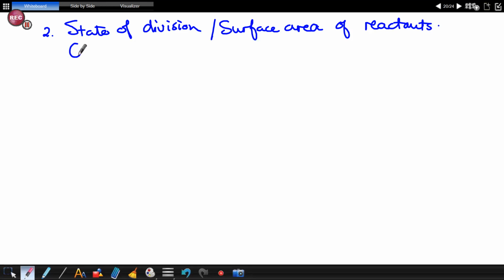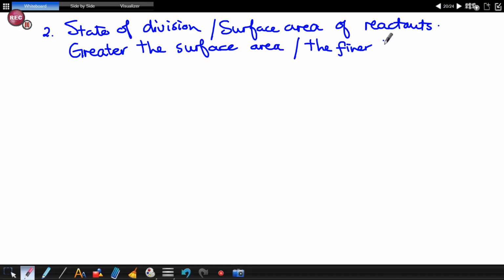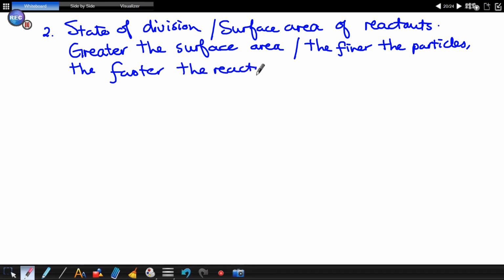So the greater the surface area, or the bigger the surface area, or you could say the finer the particles, the faster the reaction, or the higher the rate of the reaction.